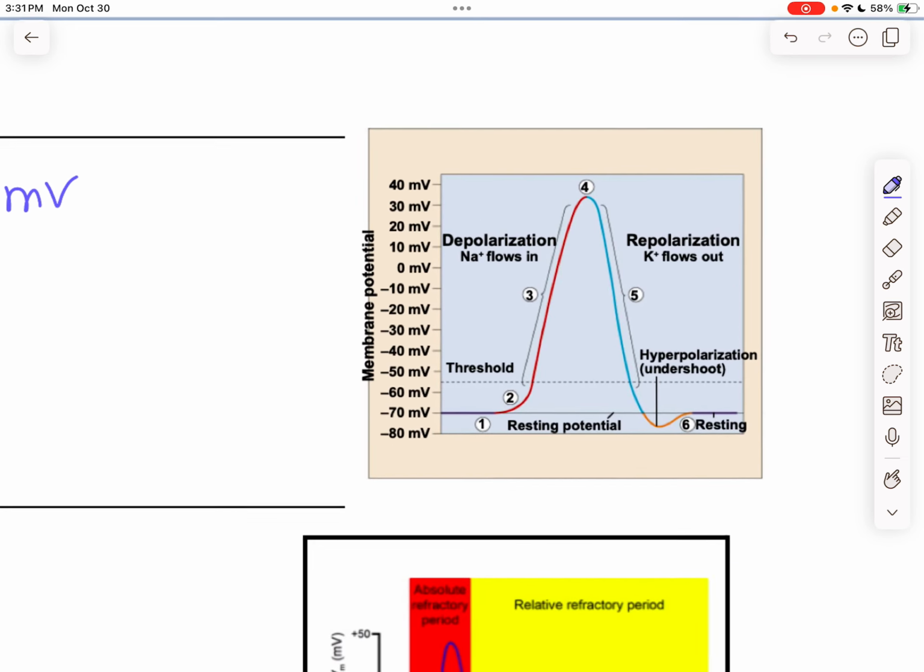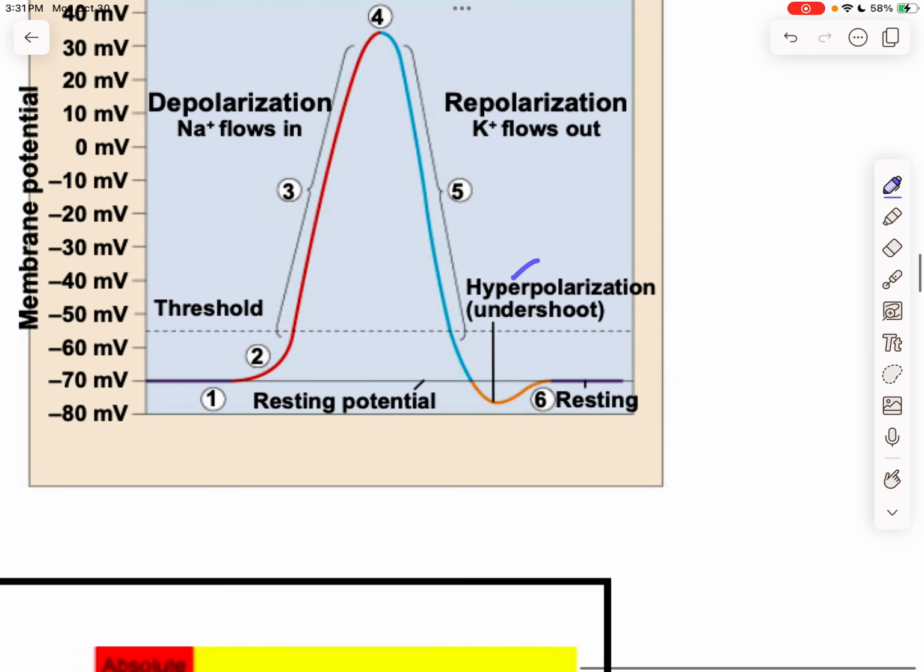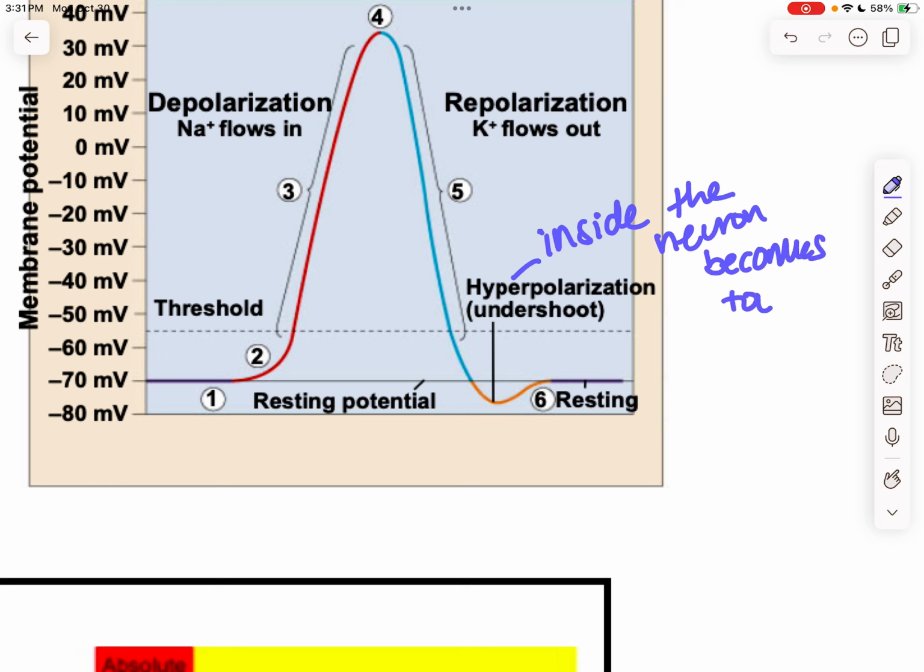This is called hyperpolarization, when inside the neuron becomes too negative because the potassium channels are closing really slow, so too much flew out.